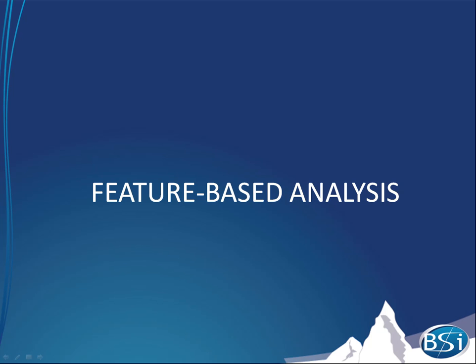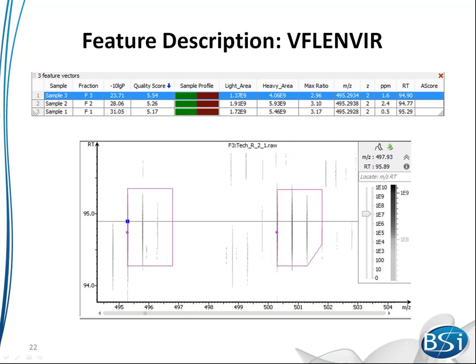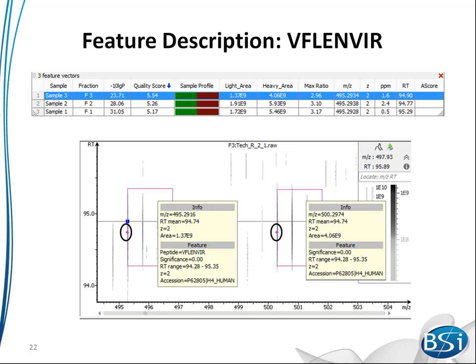As mentioned, PEAX-8 SILAC quantification is heavily feature-based. The LCMS and XIC panes show you the characteristics of the feature vectors used in peptide quantification. The LCMS highlights and zooms in to where the feature vectors are located. The information displayed from the pop-up windows that appear when you scroll over the feature markers in this view is also displayed in the feature vector window.